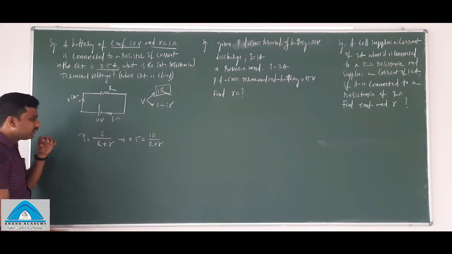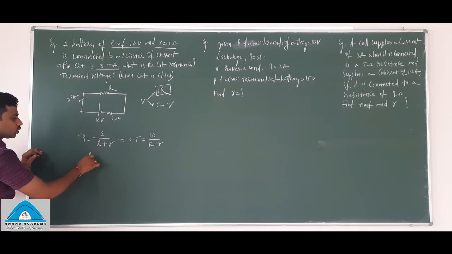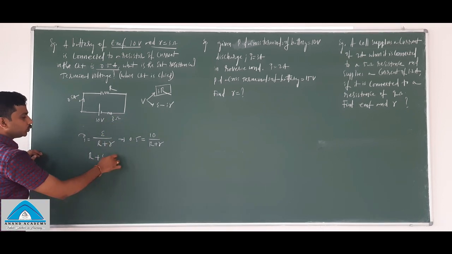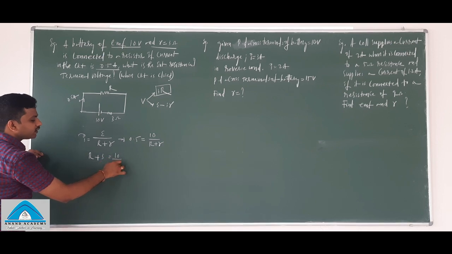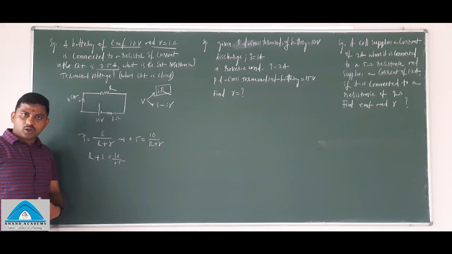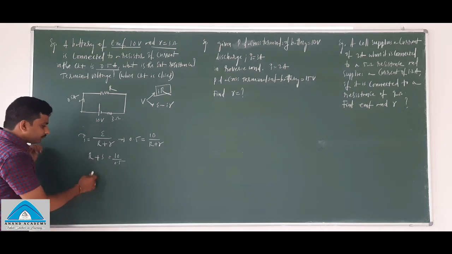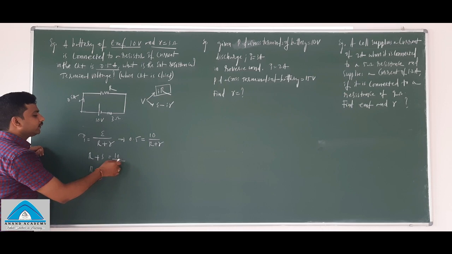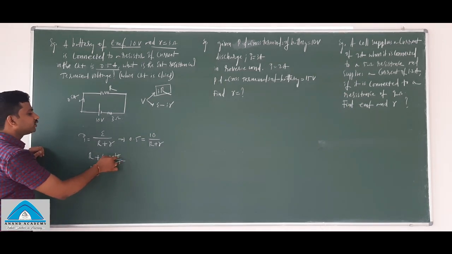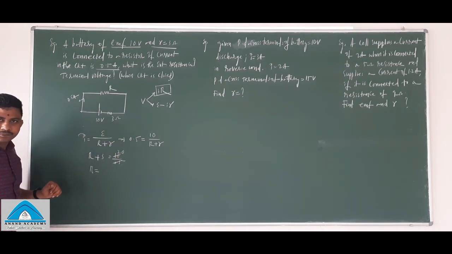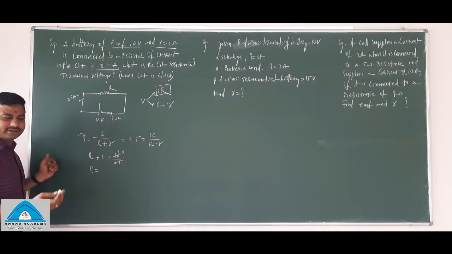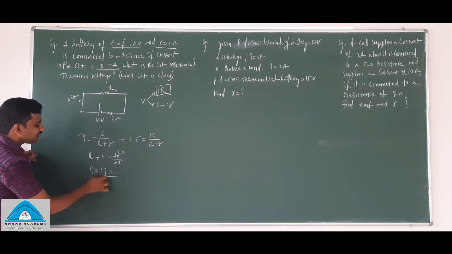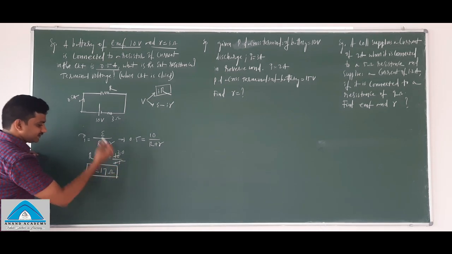So capital R plus small r, where small r is 3, is equal to 10 divided by 0.5, which is 20. So 20 minus 3 will be 17 ohm, the external resistance.